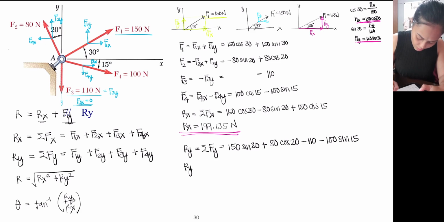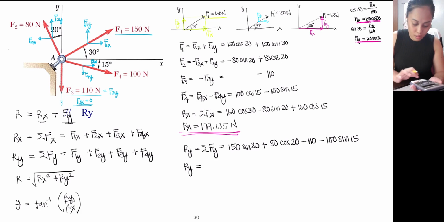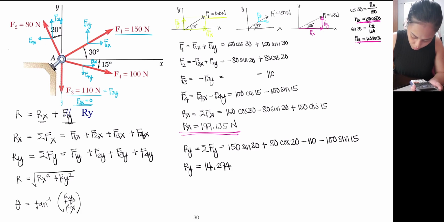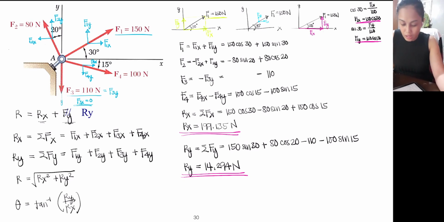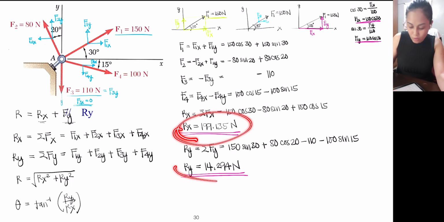So, what is Ry? 150 sine of 30 degrees plus 80 cosine of 20 minus 110 minus 100 sine 15 gives 14.294 newtons. So these are the rectangular components of the resultant force.